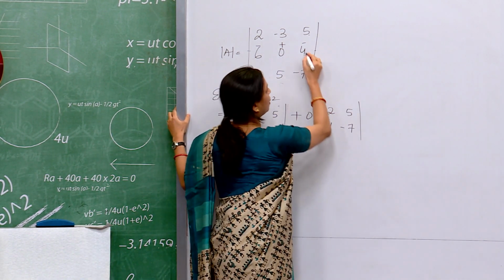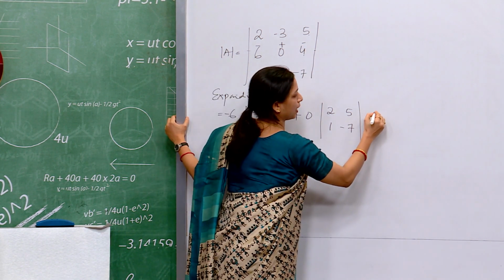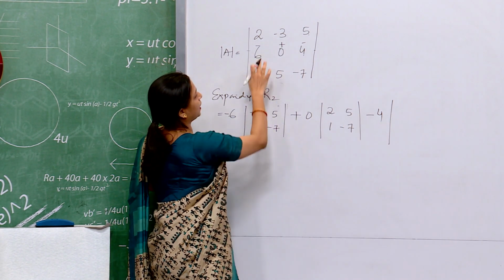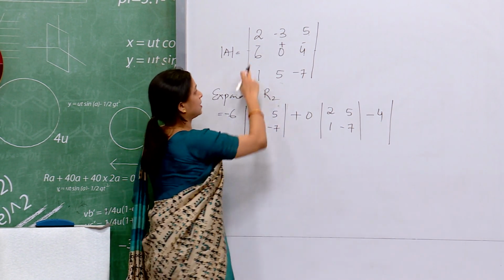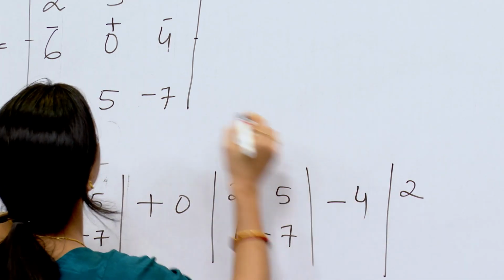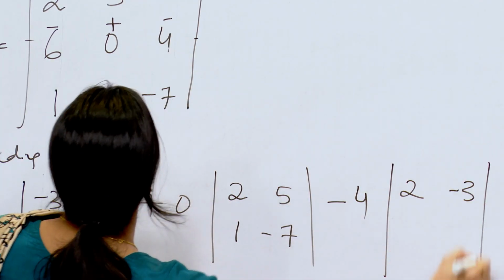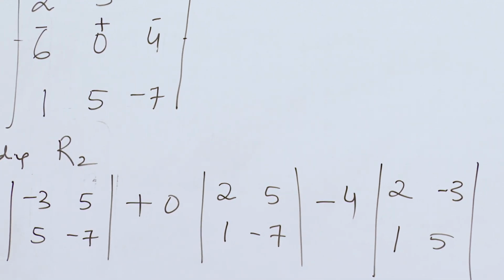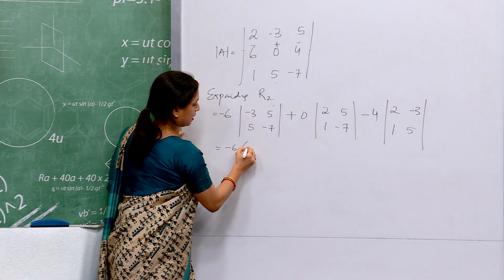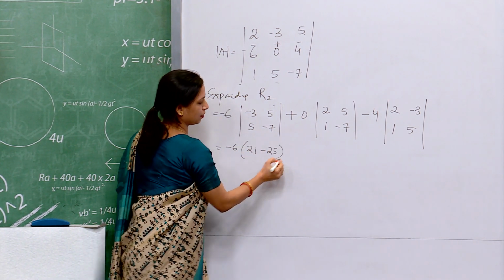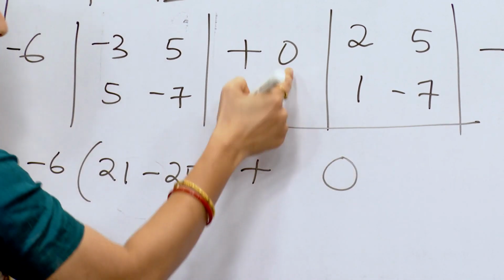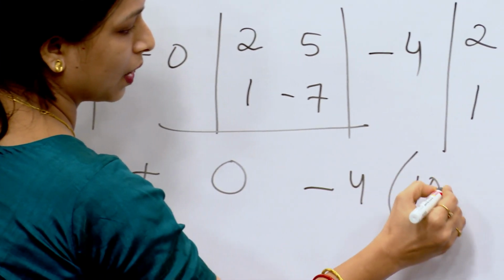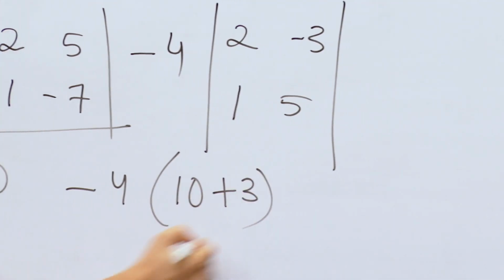Now, we take the third one, the positional sign is minus, minus 4, and the determinant that we get by deleting the row and the column in which the element exists: 2, minus 3 and 1 and 5, right. Now, we do the calculation. So, minus 6, this is 21 minus 25, plus the result will be 0, because 0 multiplied with 0 is 0, minus 4, here we get 10, minus 3, so it becomes plus 3, right.